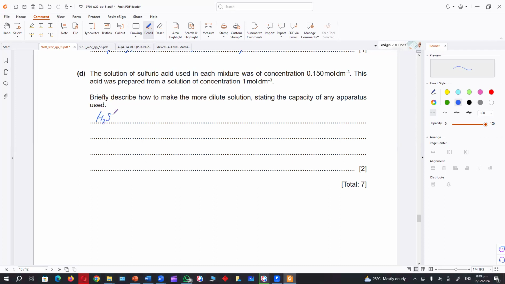H2SO4. We need a sample from 1 mole per dm cube to 0.150.